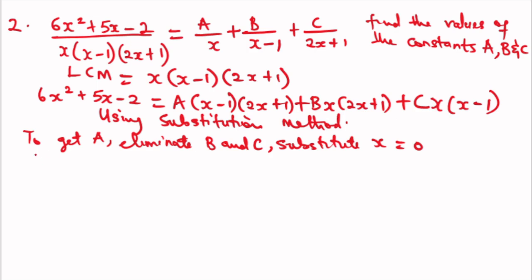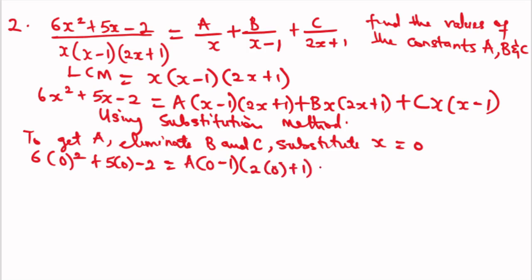Now we'll have 6 into 0 squared plus 5 into 0 minus 2 equal to a into 0 minus 1, 2 into 0 plus 1 plus b into 0, 2 into 0 plus 1 plus c into 0, 0 minus 1.